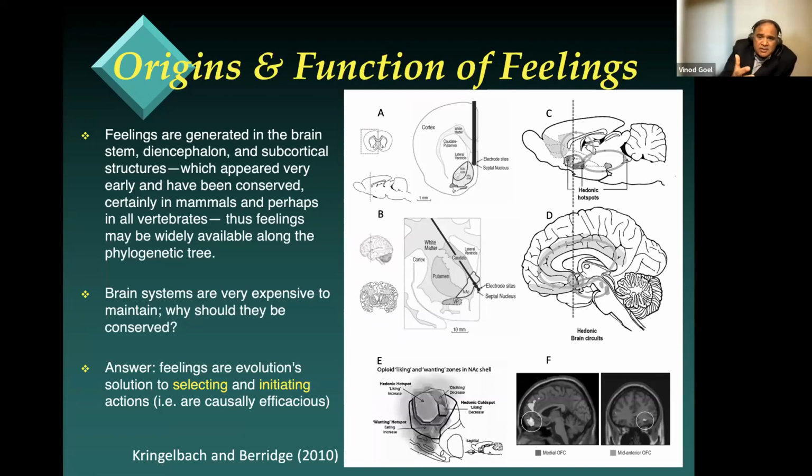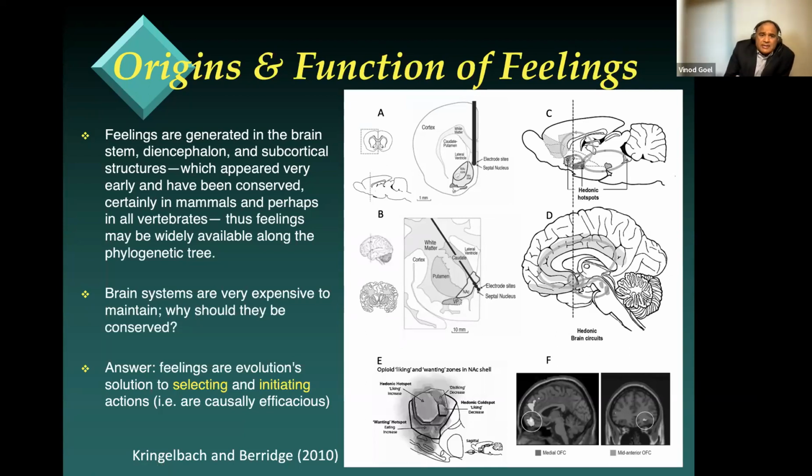In this particular case, the individual felt sexual arousal. Of course, this was not done as an experiment; it was done as part of a surgical procedure. But the point is, the similar structures in the rat brain and the human brain have similar functions. And these structures are very much devoted to generating feelings.